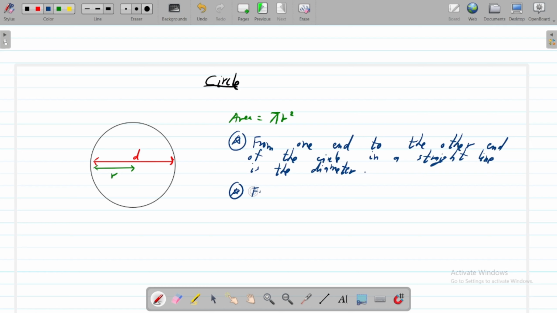From one end to middle of circle in a straight line is the radius, or r is the radius.